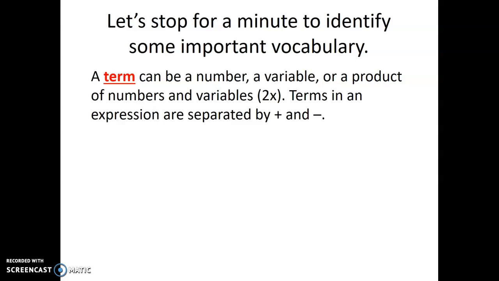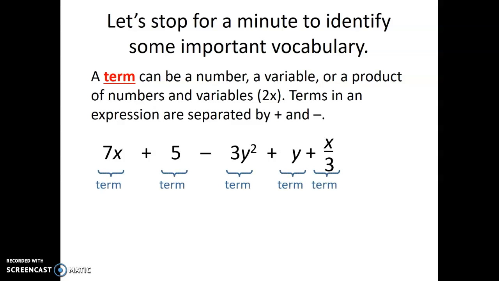A term is a number, variable, or product of a number and variable, like 2x, that are separated by plus and minus signs. So look here. Look at all the terms we have. Those are those things separated by pluses and minuses. So altogether, how many terms do we have? We have 5 terms in this expression.